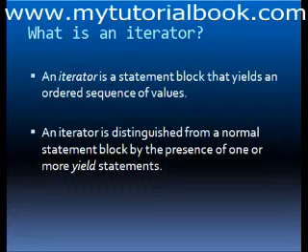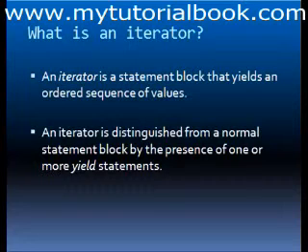So I have a collection of controls on a form, and I want to iterate through those, making them visible or invisible, hiding them. I may have an array of values or an array list that I want to loop through and display on the screen or put into a file. So the iterator is a very useful mechanism that we use frequently.